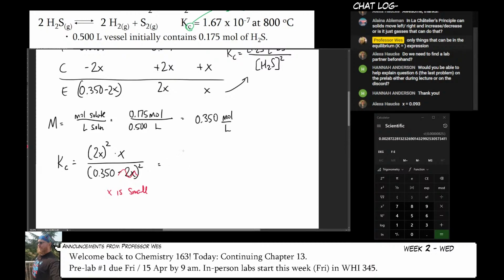So Kc equals, I'm going to distribute the squared, so I get 4x squared times x is 4x cubed, divided by that equals Kc. I'm going to just move this number over. Divide by 4. And cube root it.